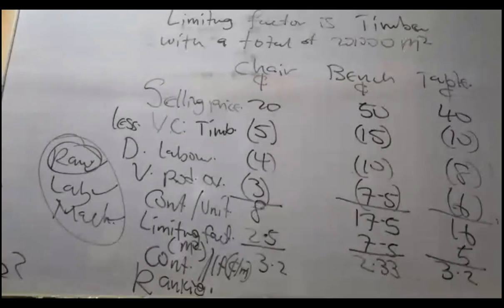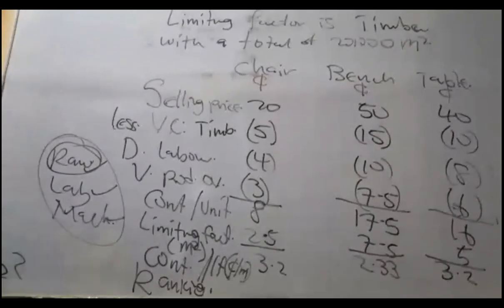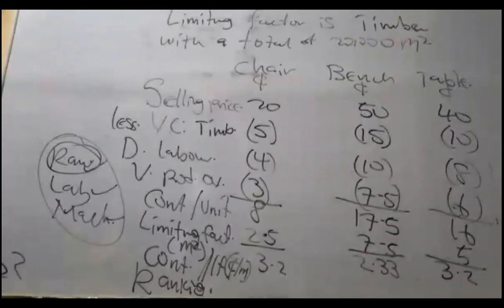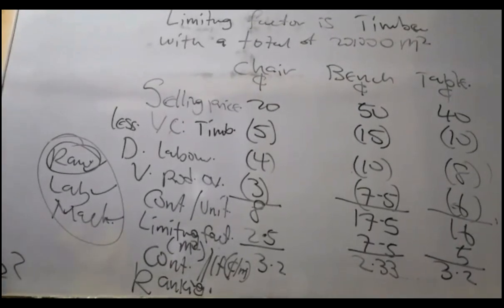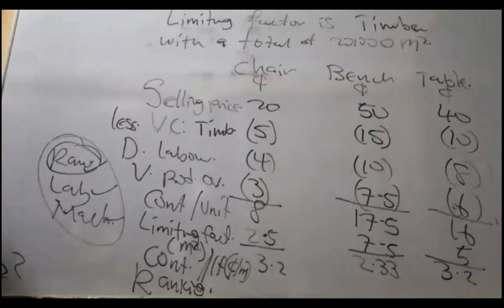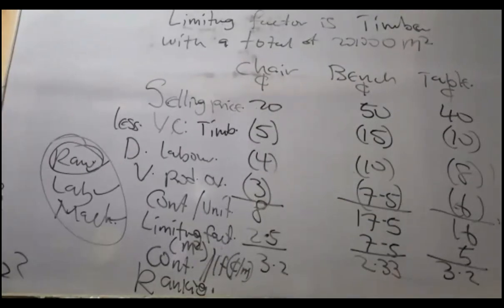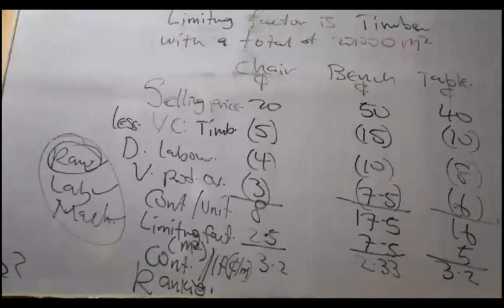Okay, so which one will be first, second, and third? Chair, bench, and table. Which of them will be first? So let me have your rank. Now realize that the chair and table score the same contribution per limiting factor.